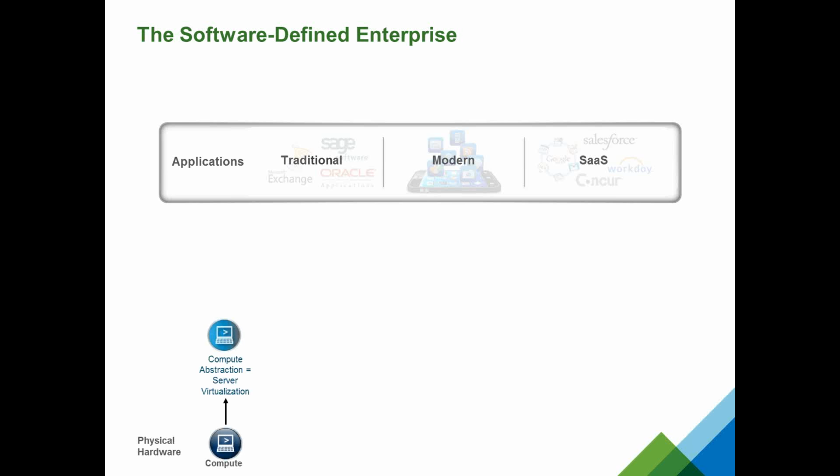And since the beginning of VMware, we first started this journey with what we call server virtualization, or really compute abstraction, as we see here in the bottom left. This is where we simply created a layer of abstraction between physical compute hardware and what was actually going on, and that brought about the advent of virtual machines. Adopting server virtualization saved organizations a lot of money, both on capital expenditures but also operationally.